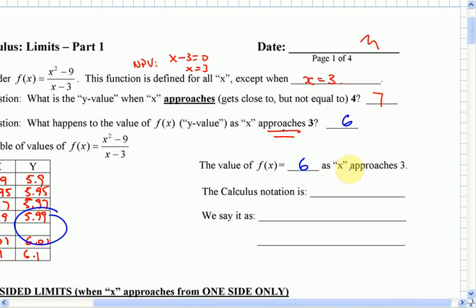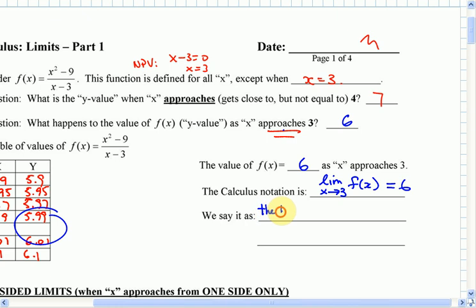Now there's a notation that we use for calculus to describe what I just said. And we use this thing called the limit. The limit as x approaches 3 of the function f of x is equal to 6. So let me write this in words.